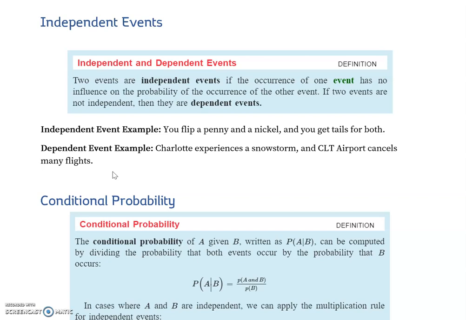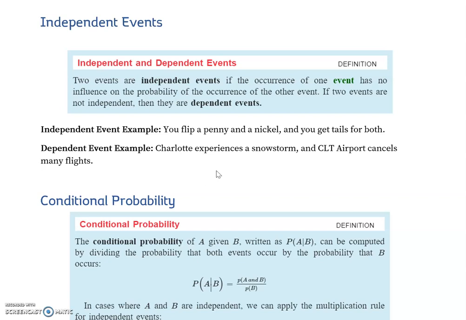But these two events clearly have an effect on each other. If there is a snowstorm, the likelihood of a flight getting canceled is clearly going to change, since the dynamics of flying in a storm, especially in an area that isn't used to it, change the circumstances. So the probability is altered there.